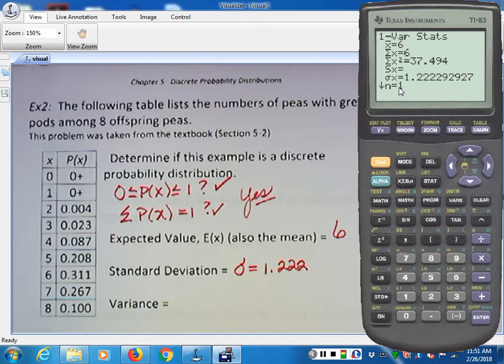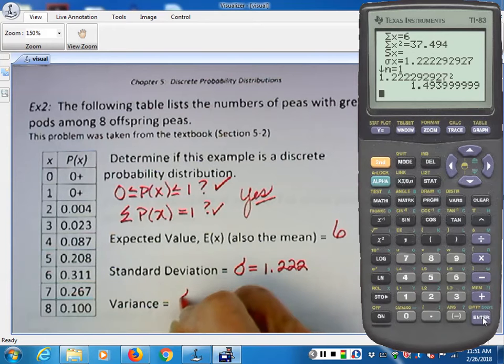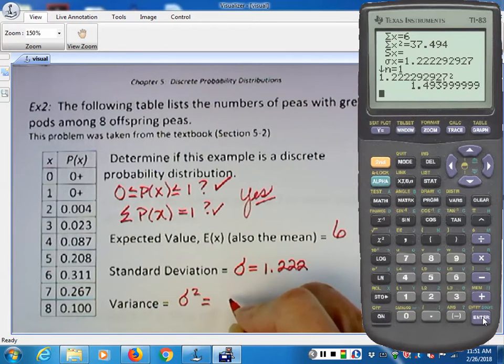And then the variance is going to be 1.222292927, and then I'm going to square that. So the variance is sigma squared, and that's 1.494, because 1.4939 rounds to 1.494. Okay?